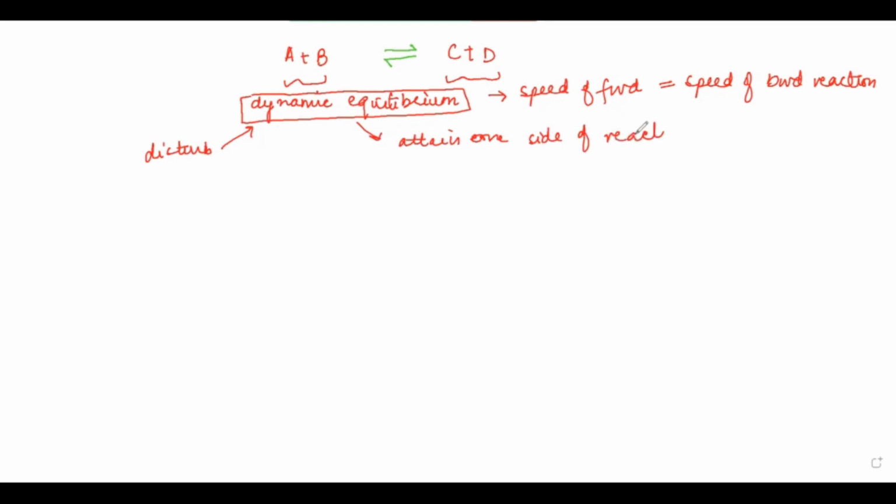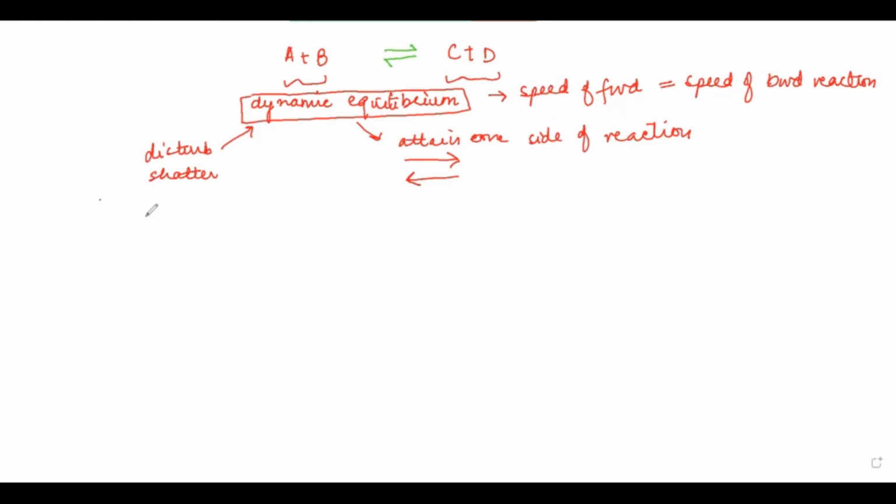In order to make the reaction take place in one direction, either the forward direction or the backward direction, we need to disturb this dynamic equilibrium. We need to shatter this dynamic equilibrium. Now we can shatter the dynamic equilibrium by disturbing three factors.